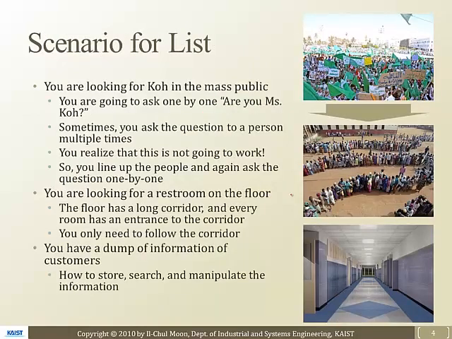So here is the problem. You see this many people. You want to find one person named Go. Actually, my wife's family name is Go, so I use it pretty a lot in my slide sets. You can ask around, are you Miss Go or something like that.